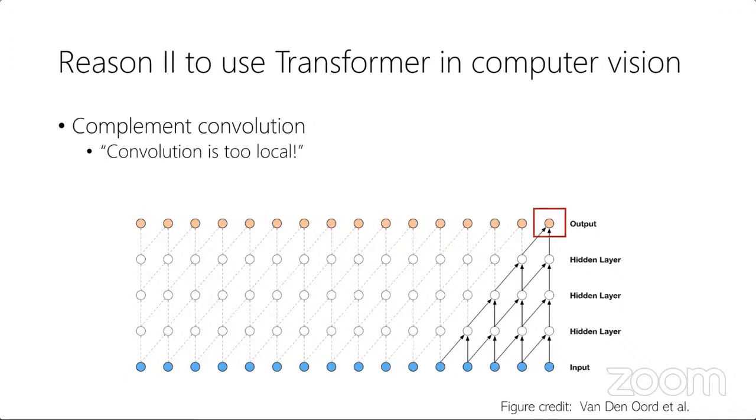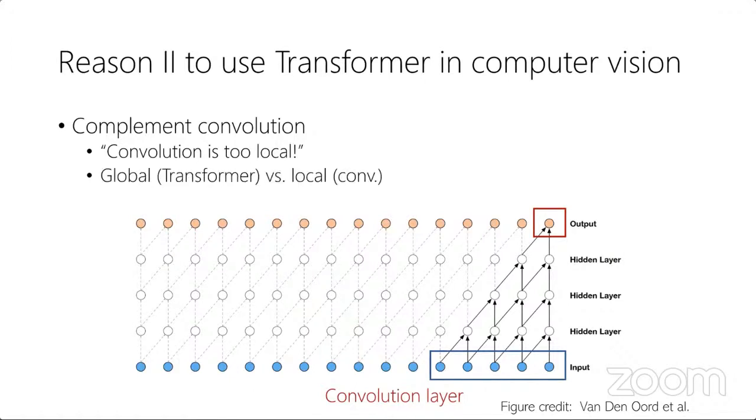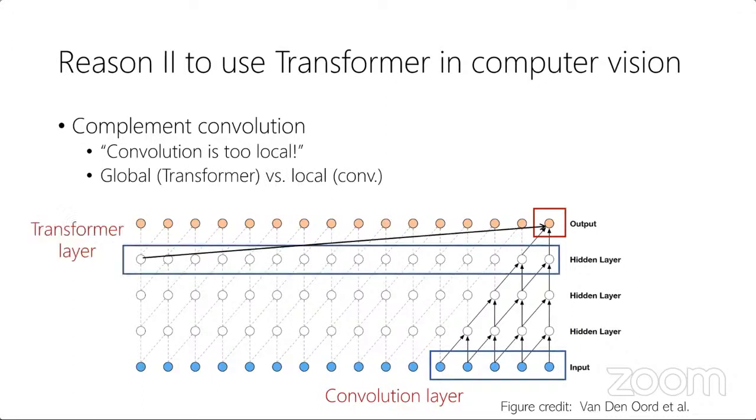For this output, even by stacking 4 layers, only pixels within a very short distance are modeled. Other pixels are not. The transformer layer is complementary to this local convolution layer, in that it can see all input nodes by a single layer.